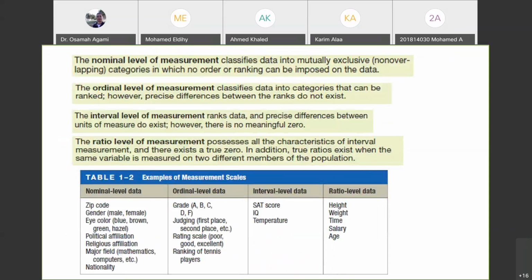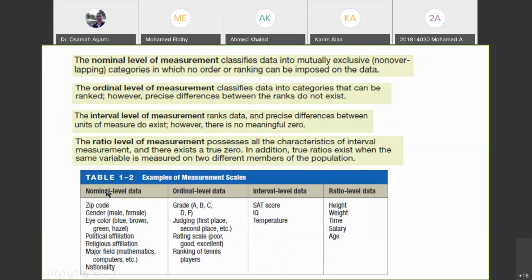Now, we classify the measurement of the variable or the data, and we know we have 4 types of measurement, 2 for the qualitative data and 2 for the quantitative data.